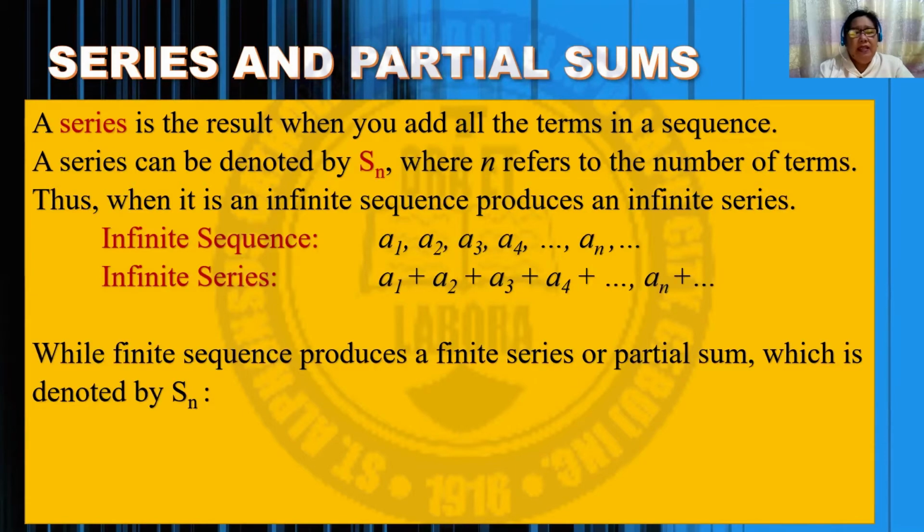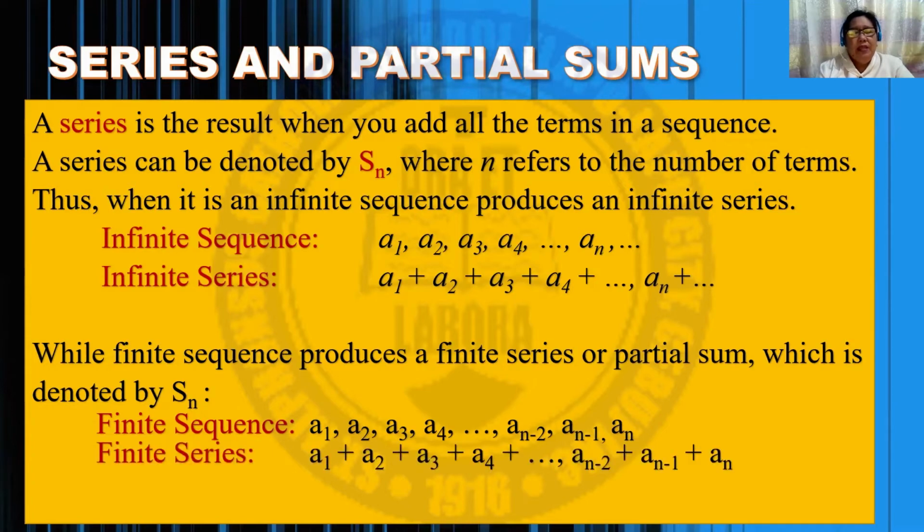While a finite sequence produces a finite series or partial sum, which is denoted by S sub n. So for a finite sequence, we have a sub 1, a sub 2, a sub 3, a sub 4, and so on until we have a sub n minus 2, a sub n minus 1, and the last term represented by a sub n.